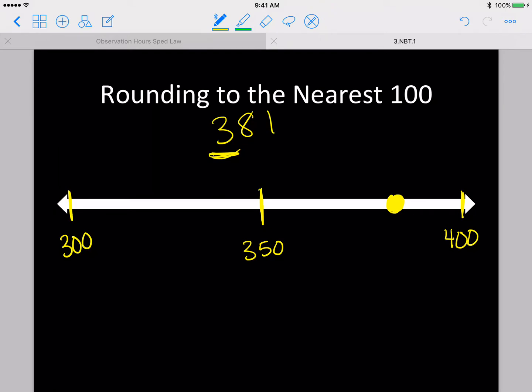And we know that if it's at the midpoint or above, we're going to round up. And if it's right below our midpoint, it's going to round down. So since 381 lands here, it's going to round up to 400.